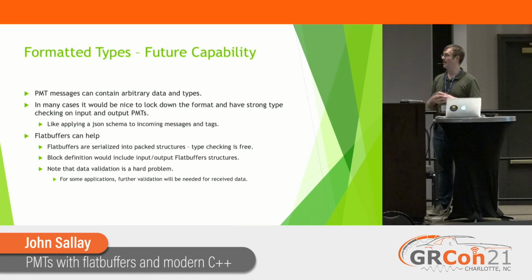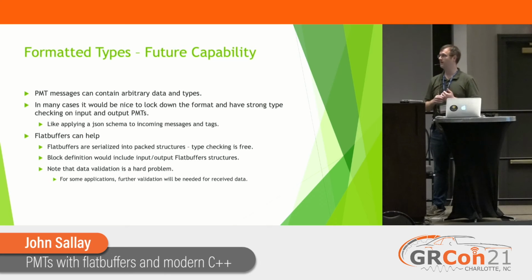The thing that I'm really excited about is adding in the ability to specify a formatted type. So PMTs store arbitrary data. If you've got a PMT dictionary, it's going to have some set of keys and some set of values. But when I'm writing a block, I want specific keys with specific types of values.